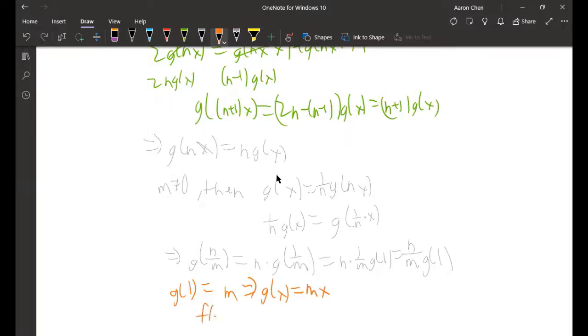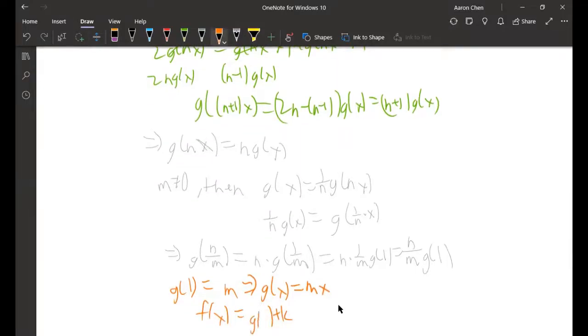And since we defined f of x to be equal to g of x plus k, so this is equal to mx plus k. And so what that means is that this is all possible f such that all of the conditions are satisfied.